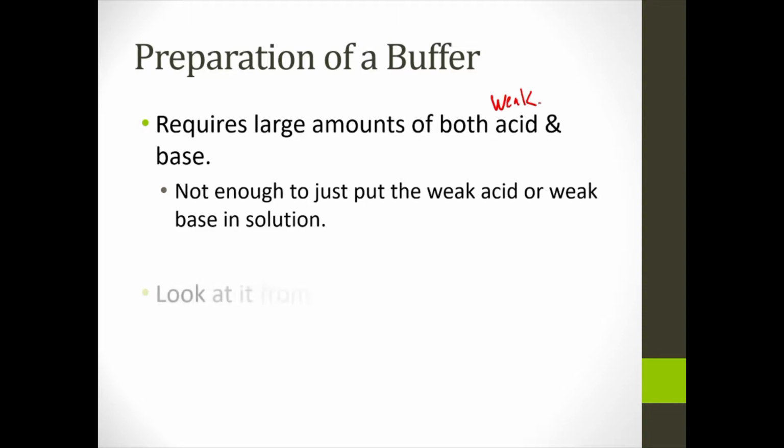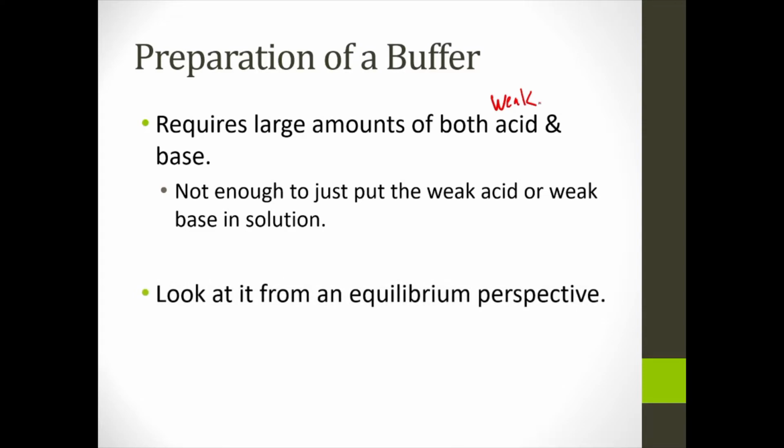Okay. So let's consider why we need to use large amounts of the weak base and large amounts of its conjugate weak acid by looking at its equilibrium. So here is the equilibrium of our previous buffer solution using the acetic acid and its conjugate base.